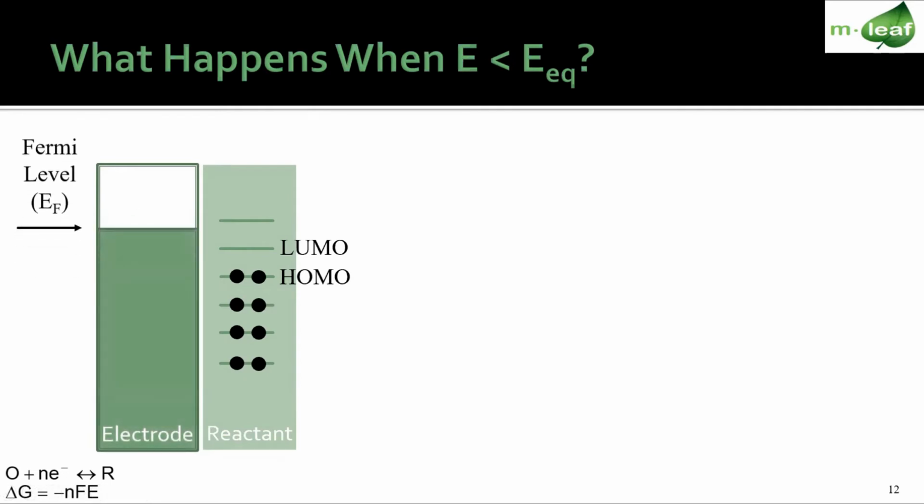So we're going to fill higher energy orbitals with electrons. Now the energy of those orbitals is higher than the reactant. So what happens? Electrons flow the other way, right? You want to minimize the free energy. So the way to do that here is to make this reaction happen. And when the reactant accepts electrons, we call that a reduction.